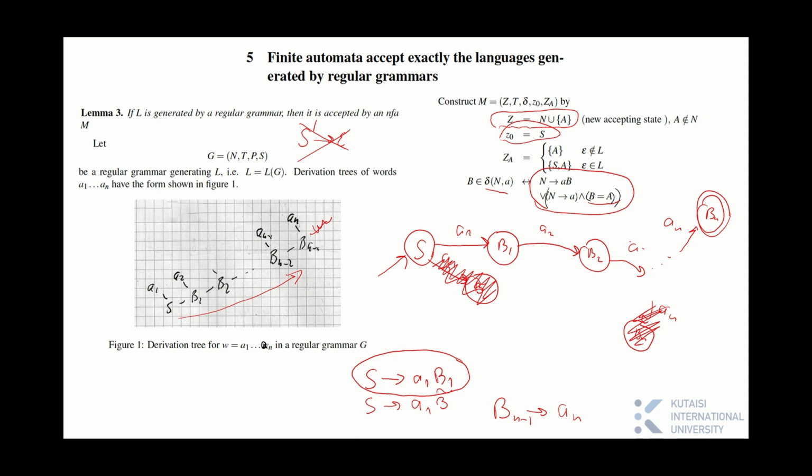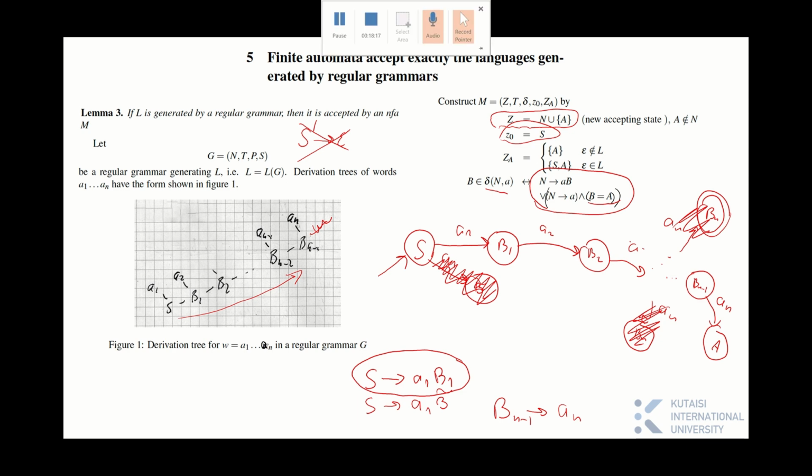So I go here, I read Bn minus 1, and after I read my last symbol, An, I go to an accepting state. My pointer is gone, unfortunately.